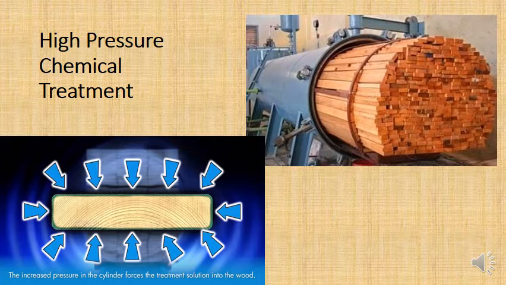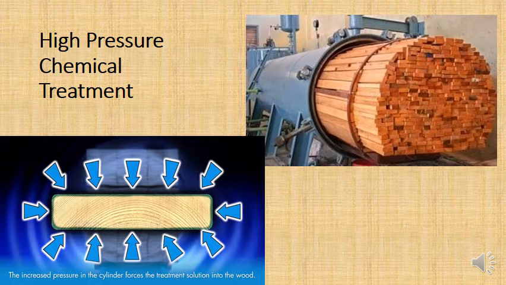The issue comes, however, when you actually cut one of these timbers. After it's been treated, you get a saw out and you cut it in half, and then you've got a part of the timber, one of the faces, which is exposed to the atmosphere, and that has not been treated.